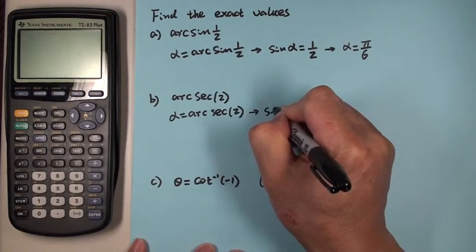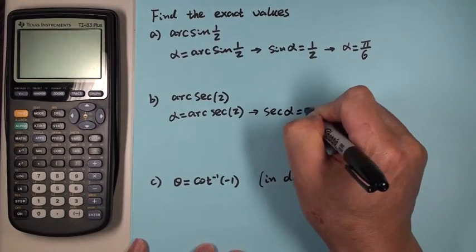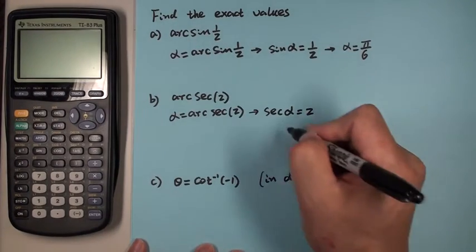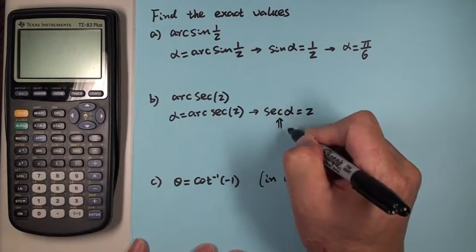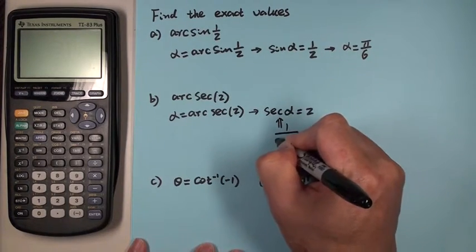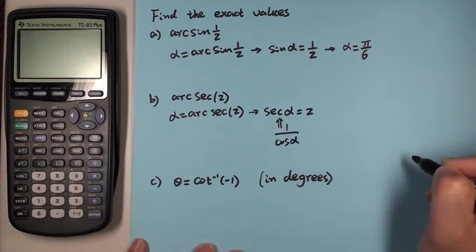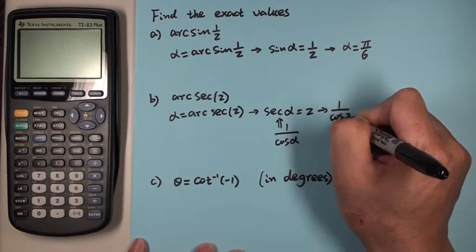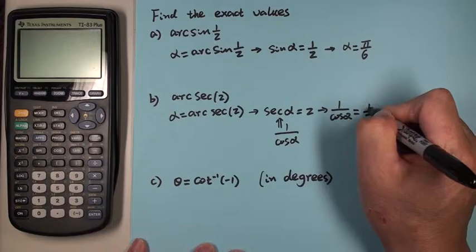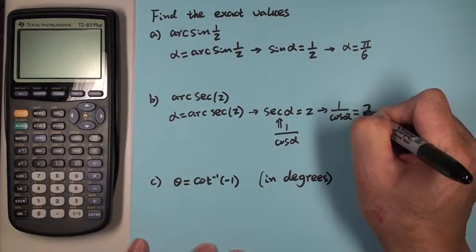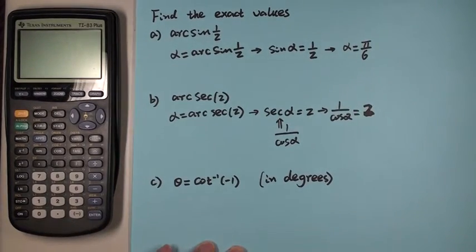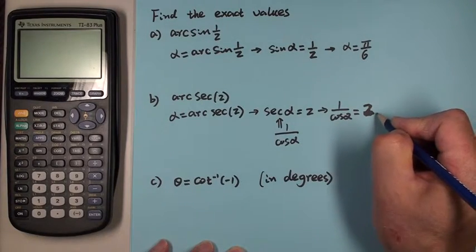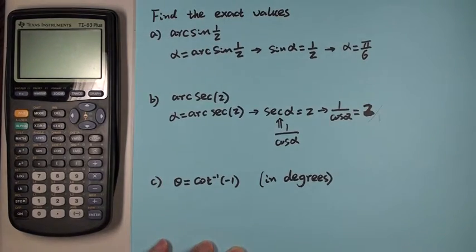Then you have secant alpha is 2. Secant, we know that's 1 over cosine alpha. So here basically it says that 1 over cosine alpha is 2. Then keep going. 2 is 2 over 1.